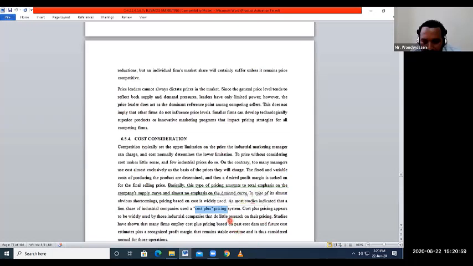To develop cost plus marketing strategy, we have to understand the marketing cost and the production cost. The marketing cost is the promotional cost, transportation cost, and so on. Production cost is the labor cost, the raw material cost, and other overhead costs.